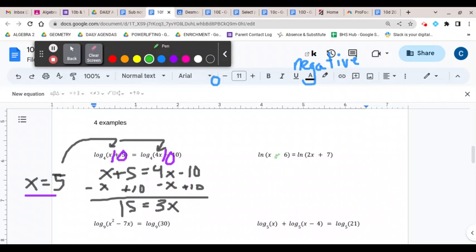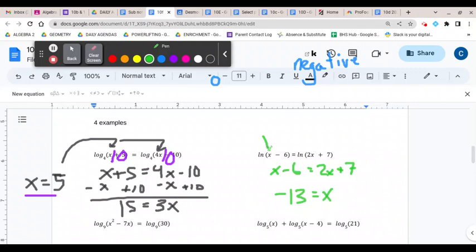Coming to this next one, we have x minus 6 and 2x plus 7, natural log of both, so we could say x minus 6 equals 2x plus 7. We hammer out the math to solve this, and we get x equals negative 13. Now, here's the problem.